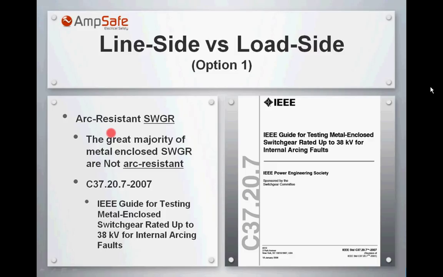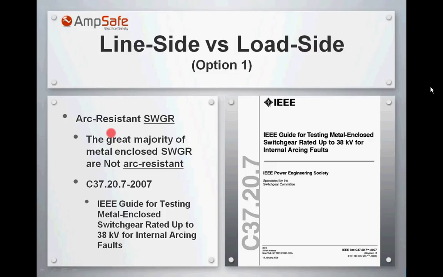So if you want to make sure that no energy will migrate to the worker standing outside during an arc flash event, you can buy switchgear equipment that has gone through the tests of the IEEE that are dictated in this standard.